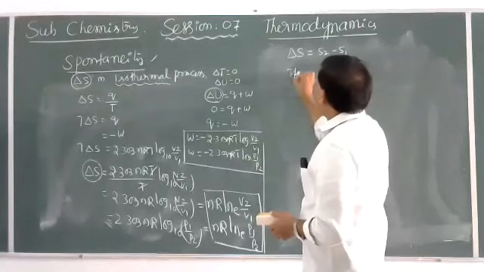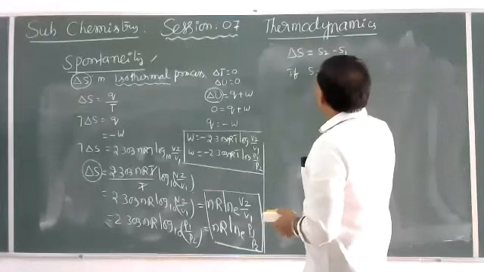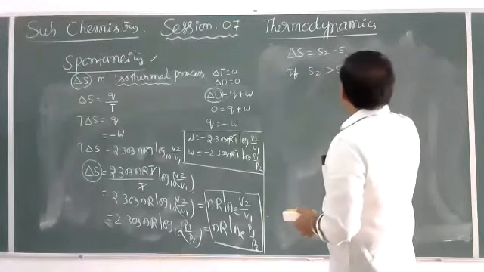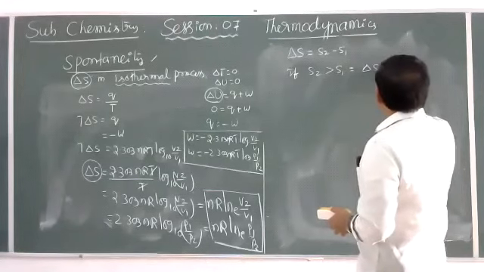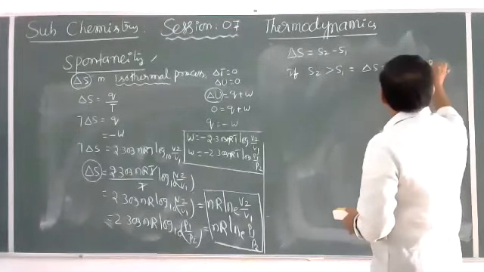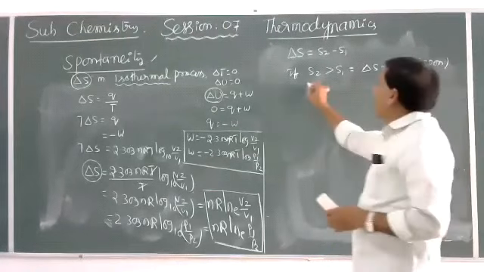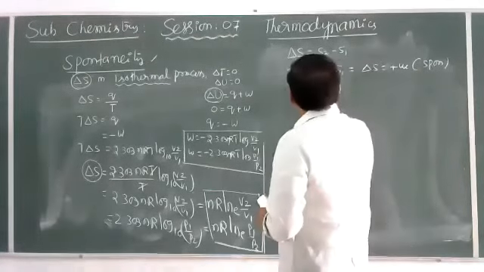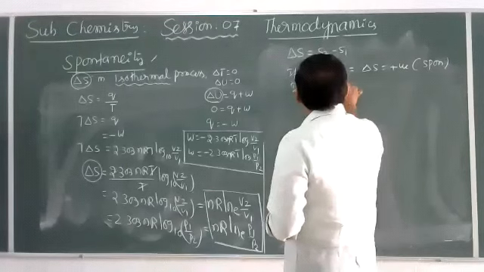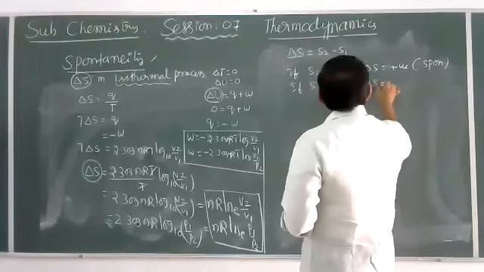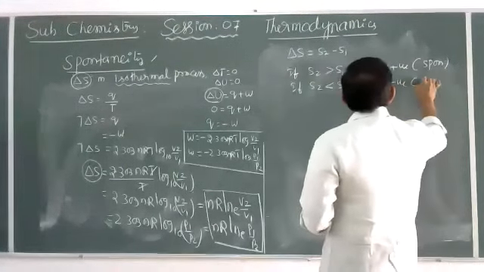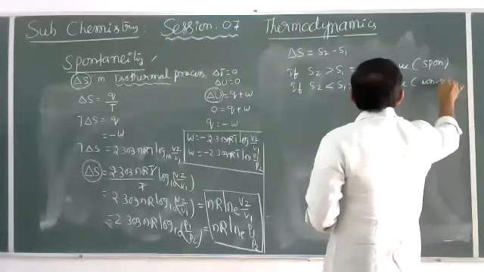If S2 is greater than S1, that is, delta S is positive, that is called a spontaneous process. If S2 is less than S1, then delta S is negative, and that is a non-spontaneous process.